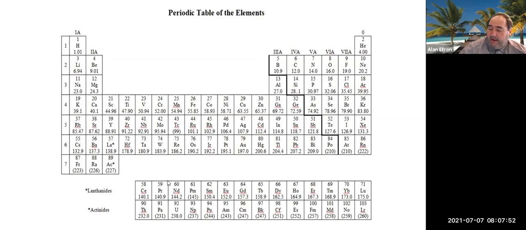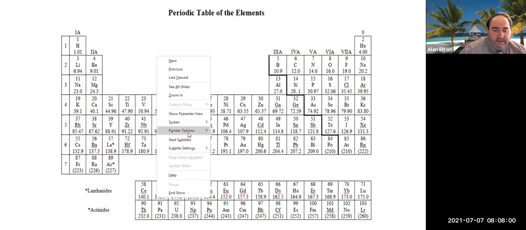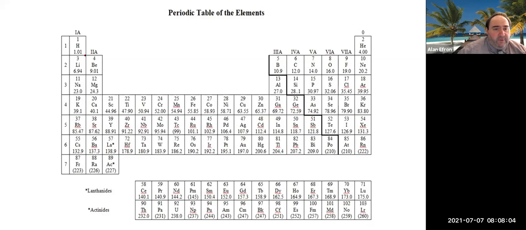As we talked about previously, but just to make sure: everybody in group 1, when it makes a charge, will form a +1 charge. Everybody in group 2 will form a +2 charge.